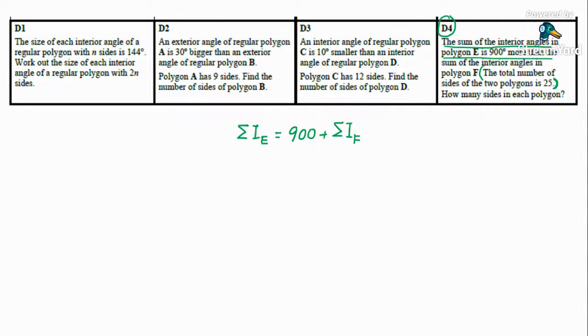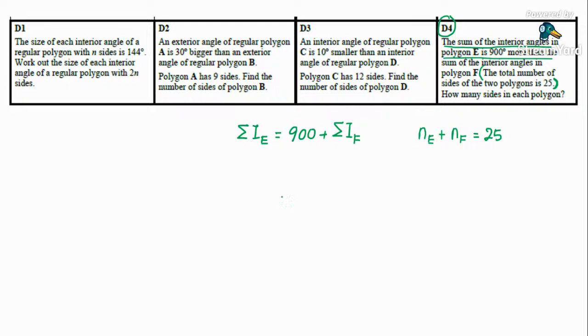For the second sentence here, I will write down the number of sides of E plus the number of sides of F is equal to 25. Okay, so I have two equations here. If I have two equations, usually what we can do is use simultaneous equations.